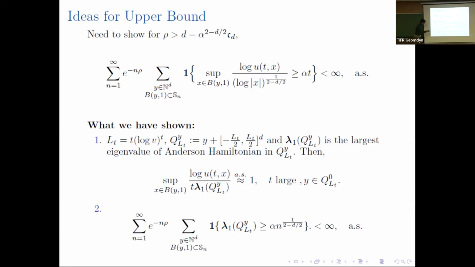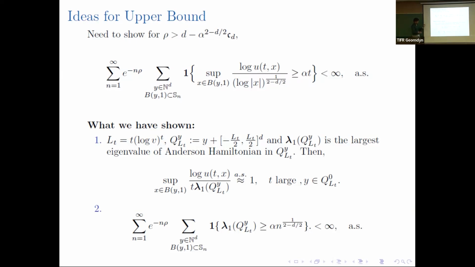We showed that the logarithm of the solution of the parabolic Anderson model, when scaled by t times this eigenvalue, if you vary the argument x inside this solution over this box of unit size, then this supremum would be almost surely equal to 1.